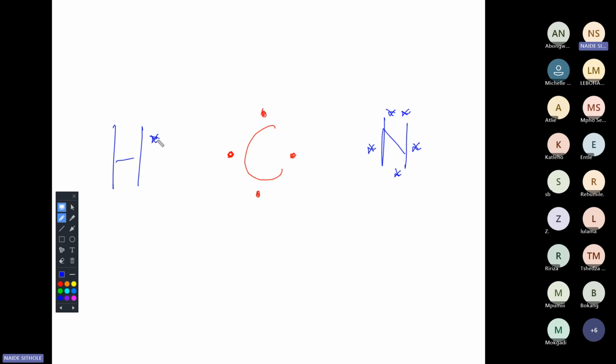Now, this is not how you draw it, but I'm trying to show you something. Nitrogen needs 3, carbon needs 3 more, so they will all meet in this one place. You see? So they will meet in this one place, and then this is how you are supposed to draw it.